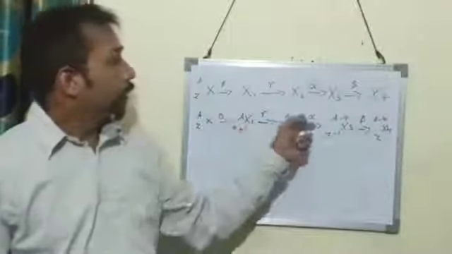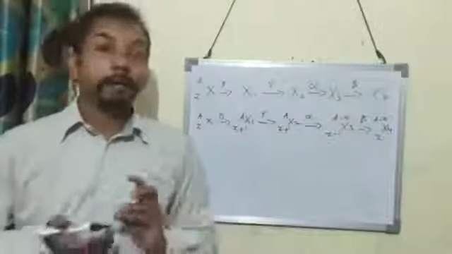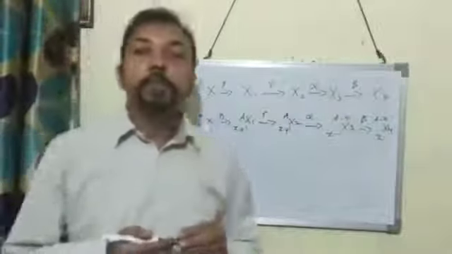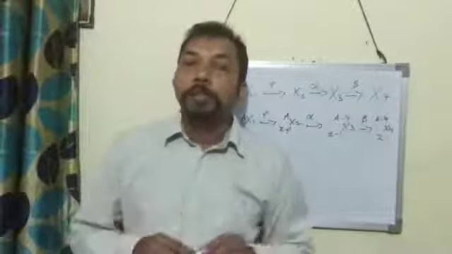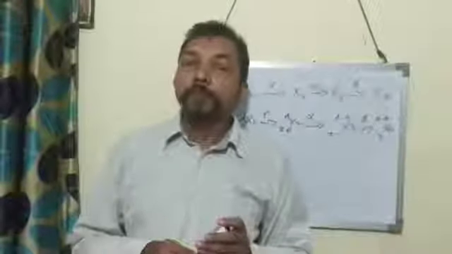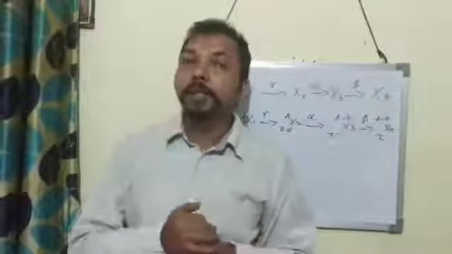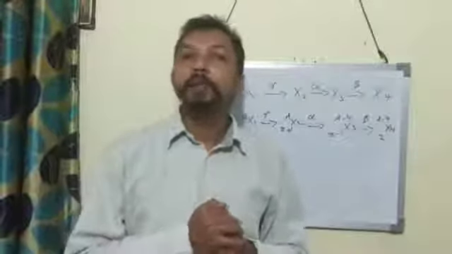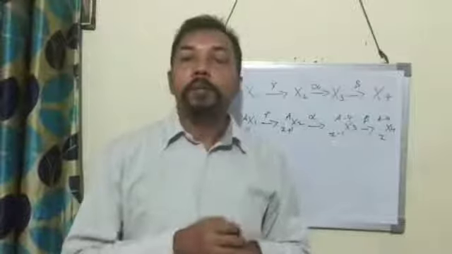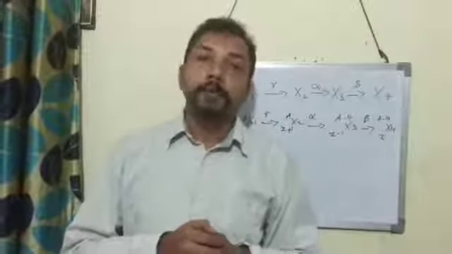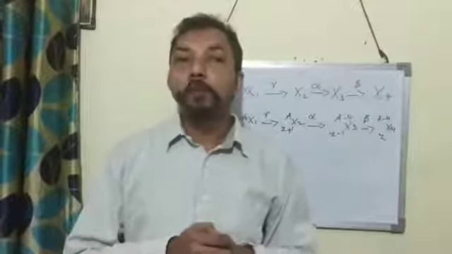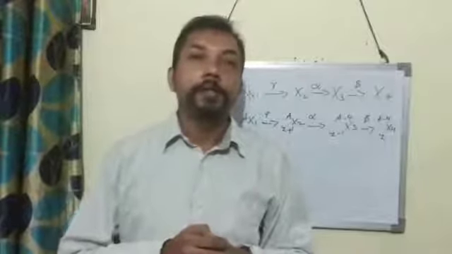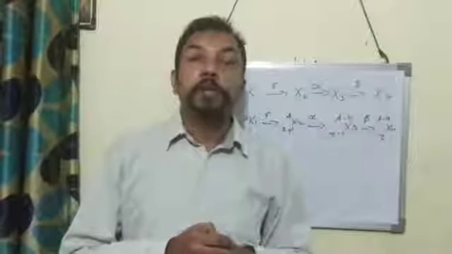You must know what nuclear changes take place during alpha, beta and gamma emission. It is a nuclear phenomenon. Chemical and physical changes cannot alter radioactivity. So this is about radioactivity.